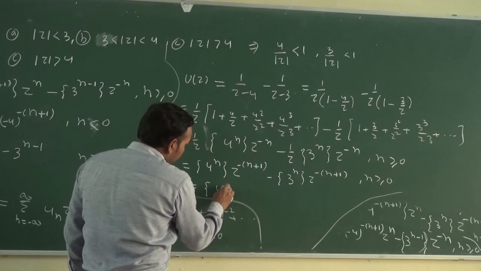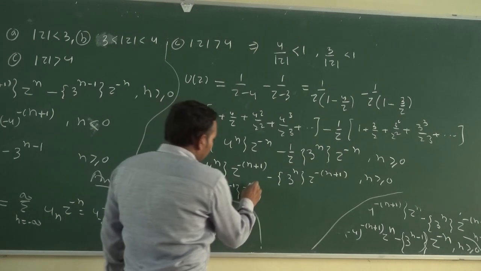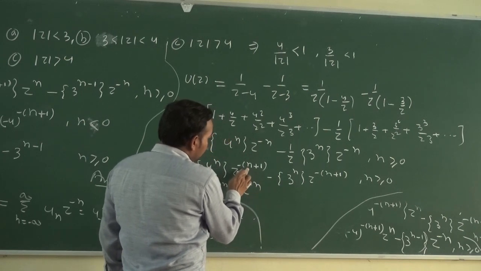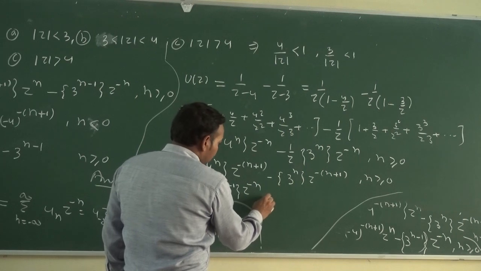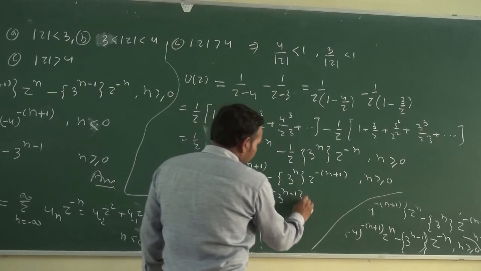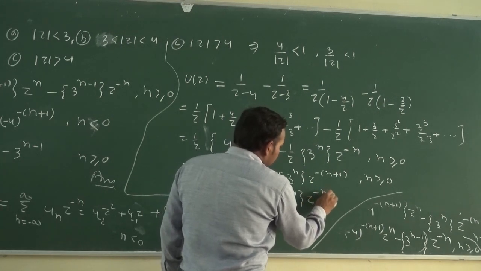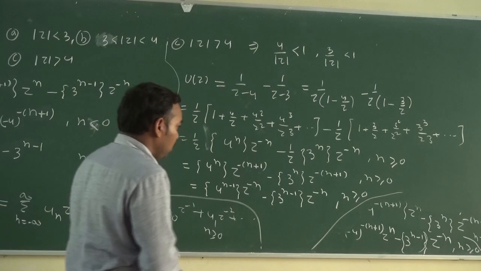So write 4 to the power n minus 1 z to the power minus n, since n minus 1 plus 1 gives minus n, and minus 3 to the power n minus 1 z to the power minus n for n greater than or equal to 0.